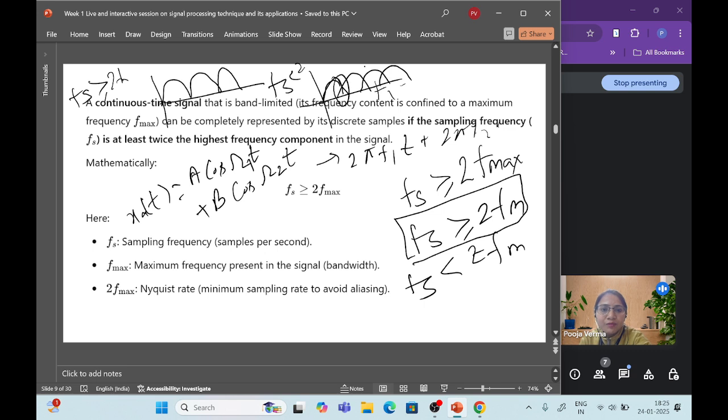So with this effect we will lose our signal information, so this is called the aliasing effect. If the signals coincide with each other, we will lose some information. If fs is less than 2fm, then this is called aliasing.